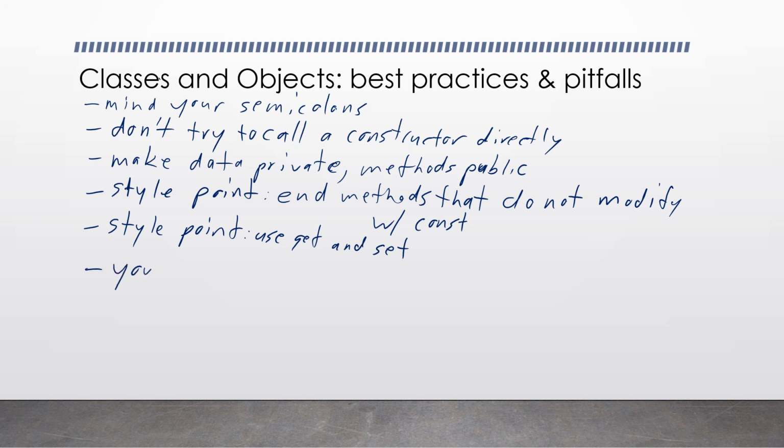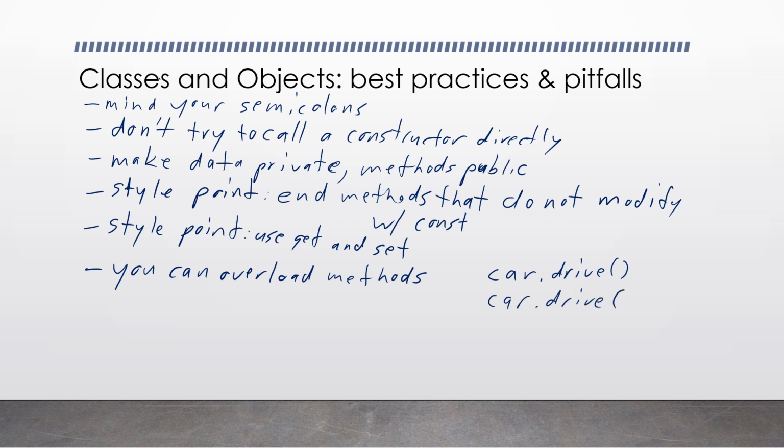You can overload methods just like we learned to overload functions. So I can have car.drive with no parameters and car.drive with a speed of 55 miles per hour because I'm trying to obey the speed limit.